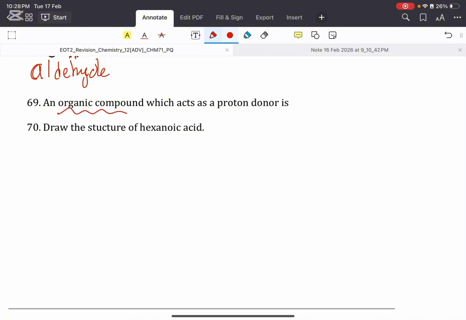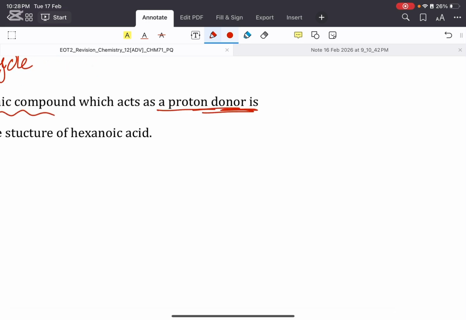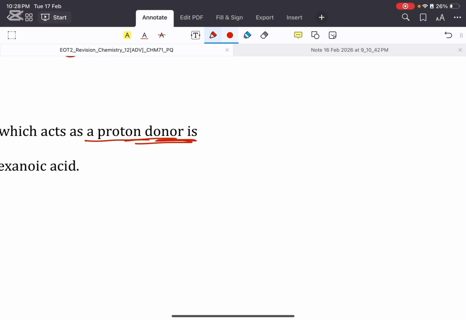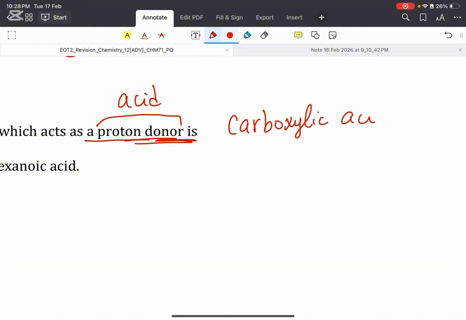Which organic compound acts as a proton donor? You will learn this in the next term. Proton donor means an acid. That's the definition of acid. So acid is a proton donor. And among all the functional groups and the family groups that we studied, carboxylic acid is an acid.